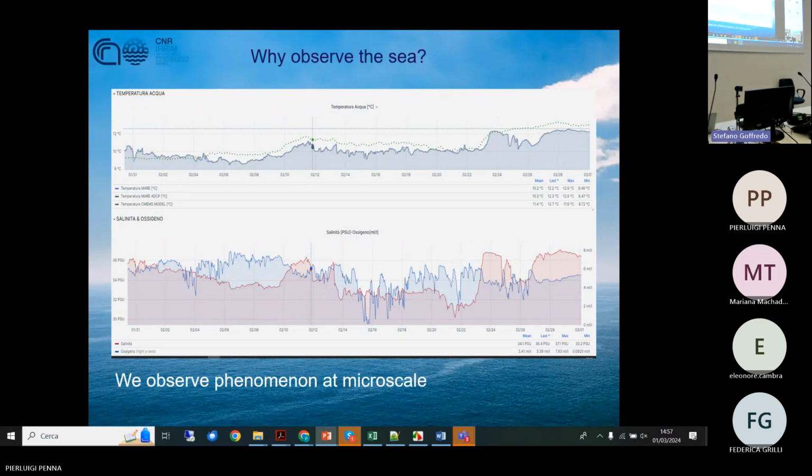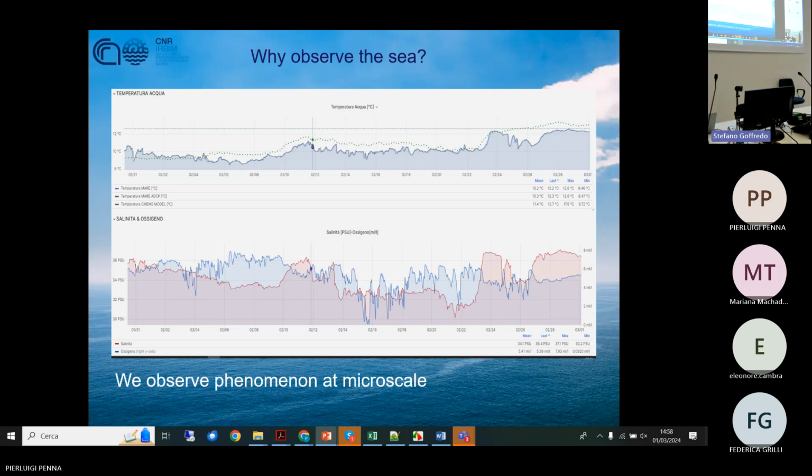Here we have the temperature trend of the sea surface at the center point, and the red dots are the model results. So there is the difference between model and in situ data, a fixed platform. At the top, and at the bottom, there is salinity.